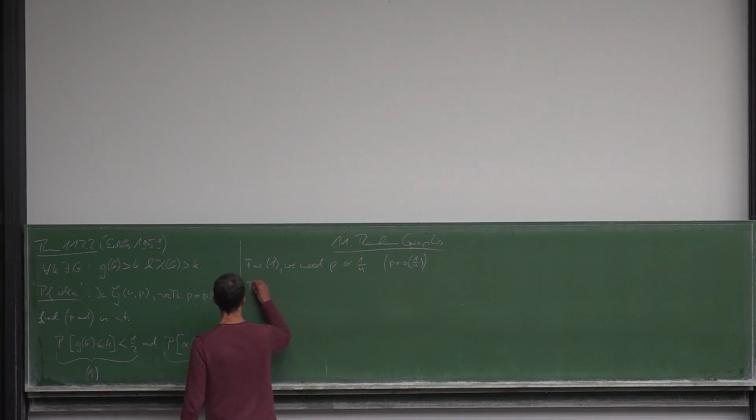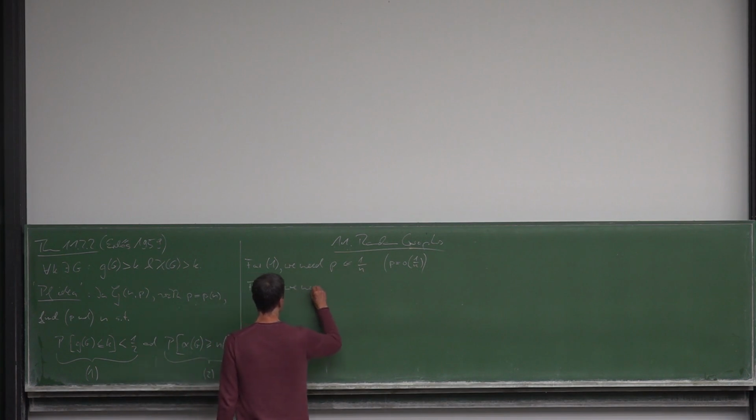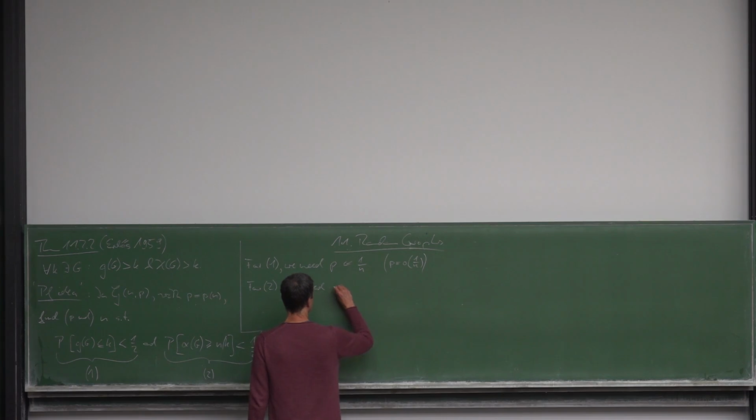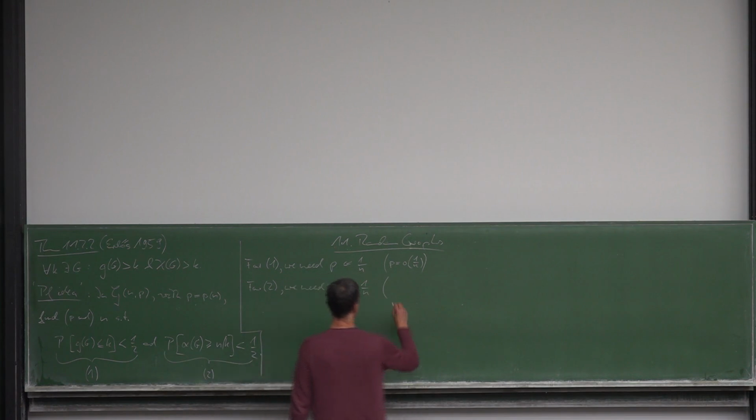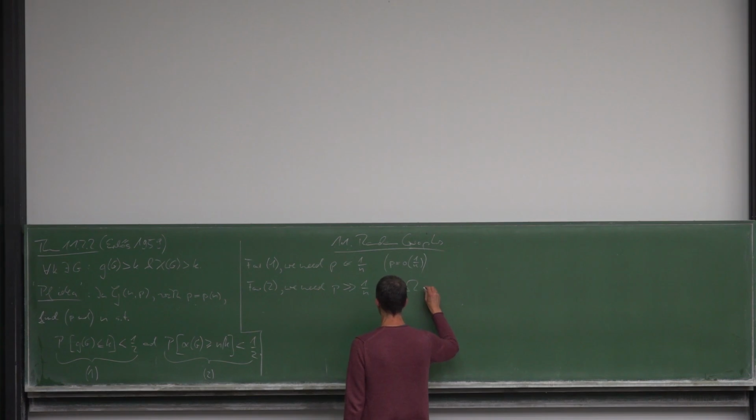And for 2, we need p to be bigger than 1 over n. So p will have to be big omega of 1 over n.